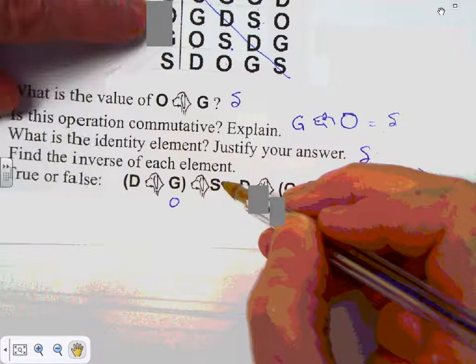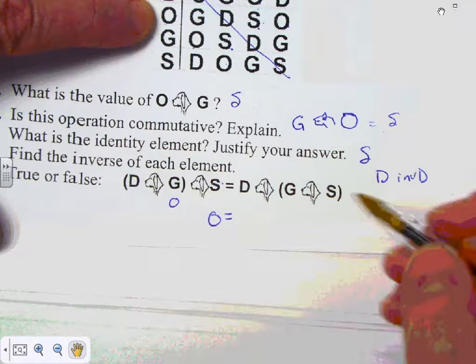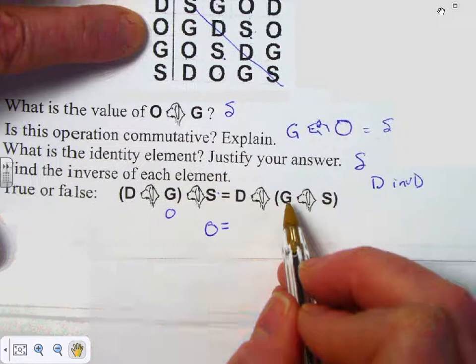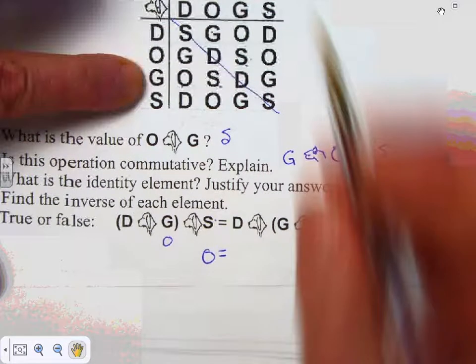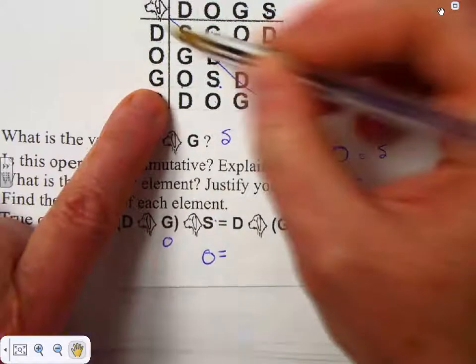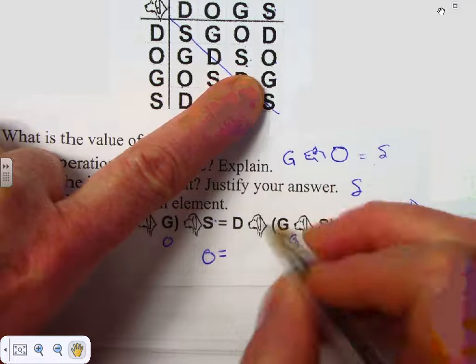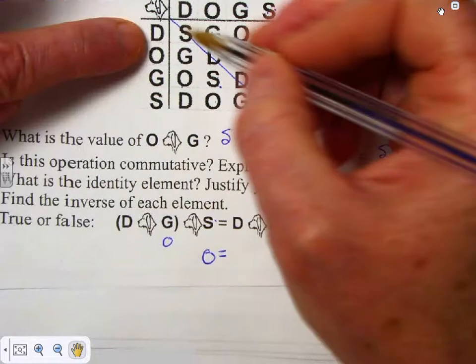O dog S. O. So my final answer here is an O. All right, so now we have to do parentheses first. G dog S is a G, and then D dog G.